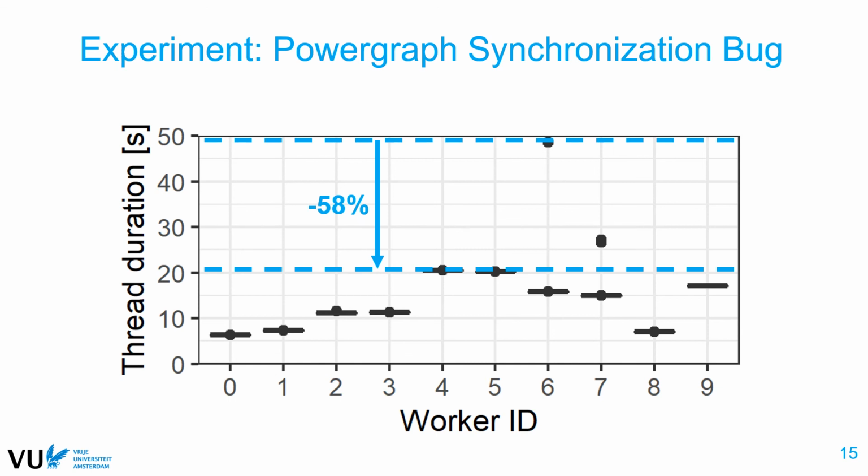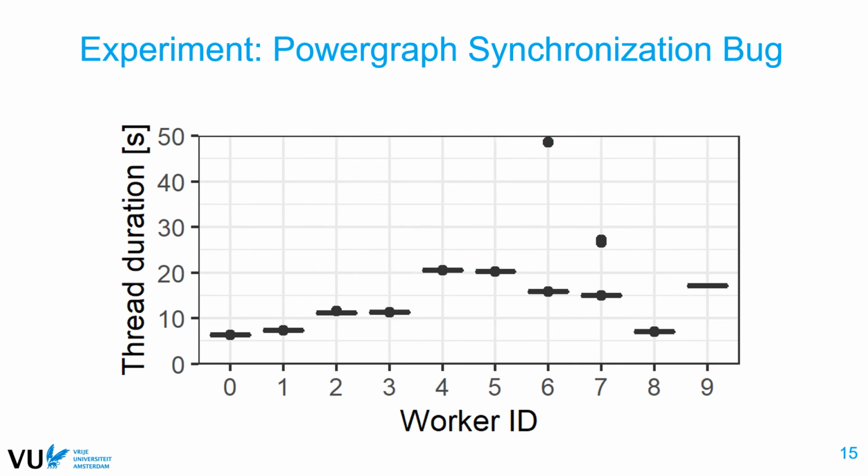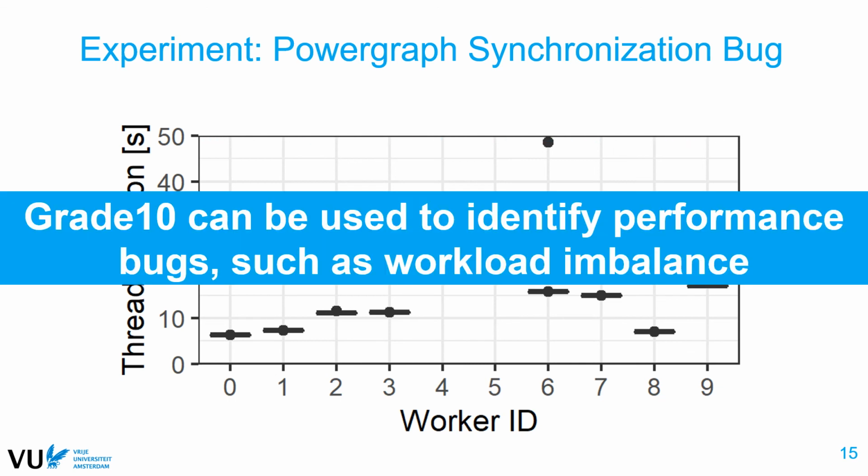This would result in a reduction of 58% in the duration of this step. We were ultimately able to find a race condition in Powergraph's handling of thread synchronization that caused this phenomenon. More on this in our paper. In short, we used Grade10 to identify a performance bug in Powergraph related to workload imbalance.